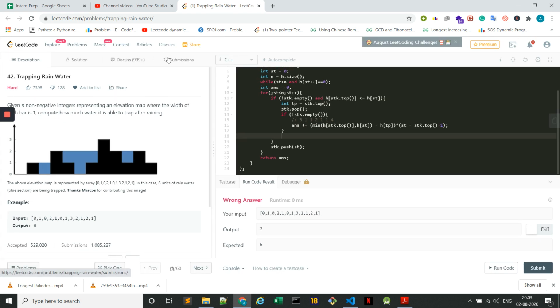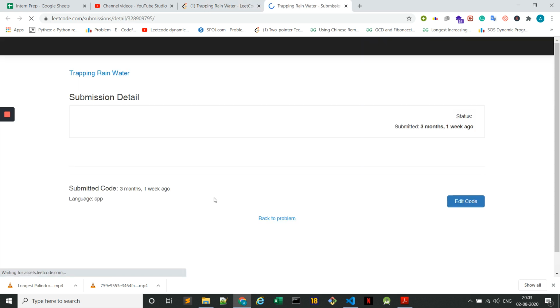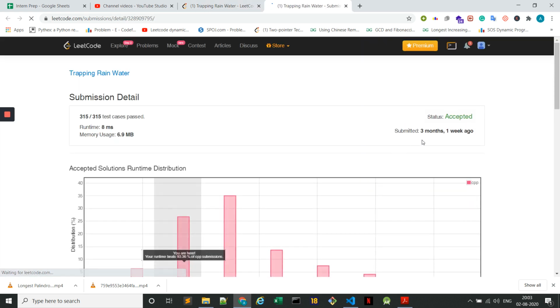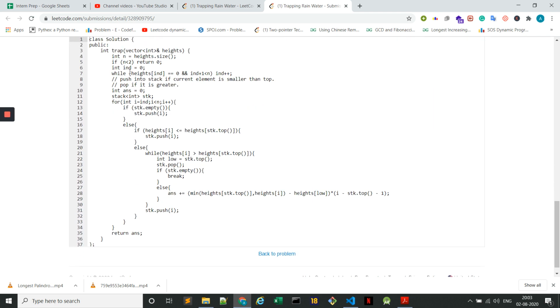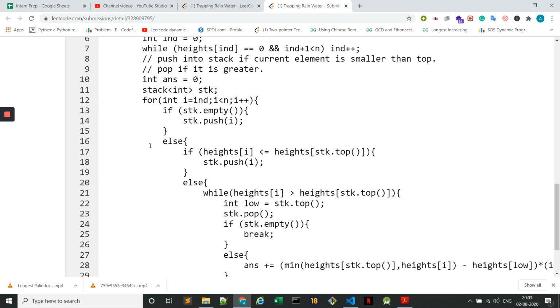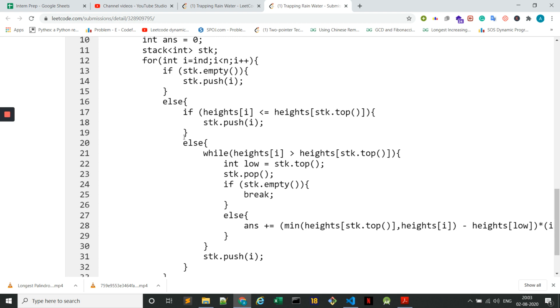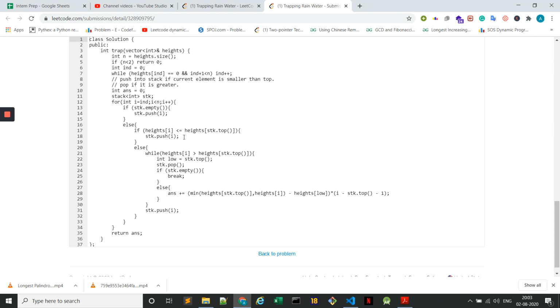So I have already done this question many a times, as you can see. So let us take some reference to the code which we have already submitted 3 months, 1 week ago. So what I did was, if the stack is not empty, so I haven't made any while loops.